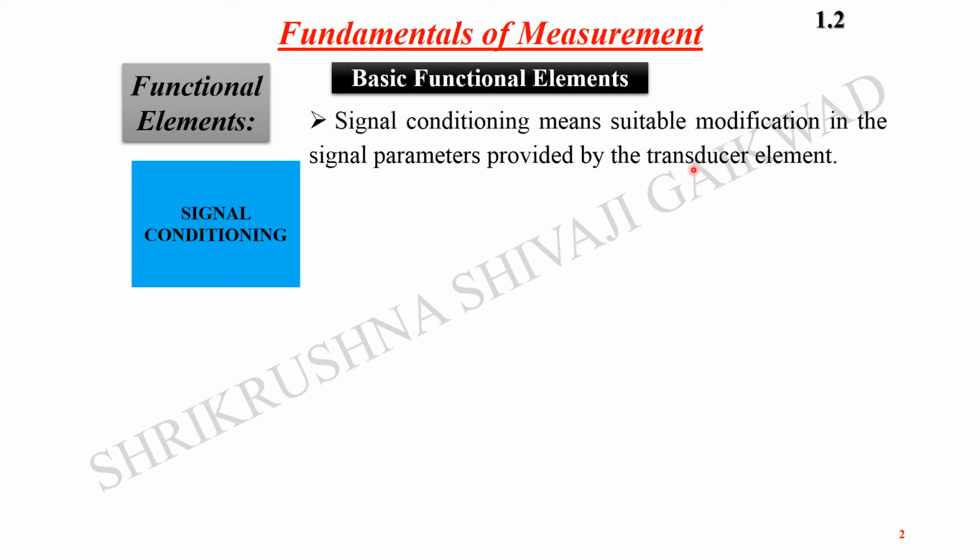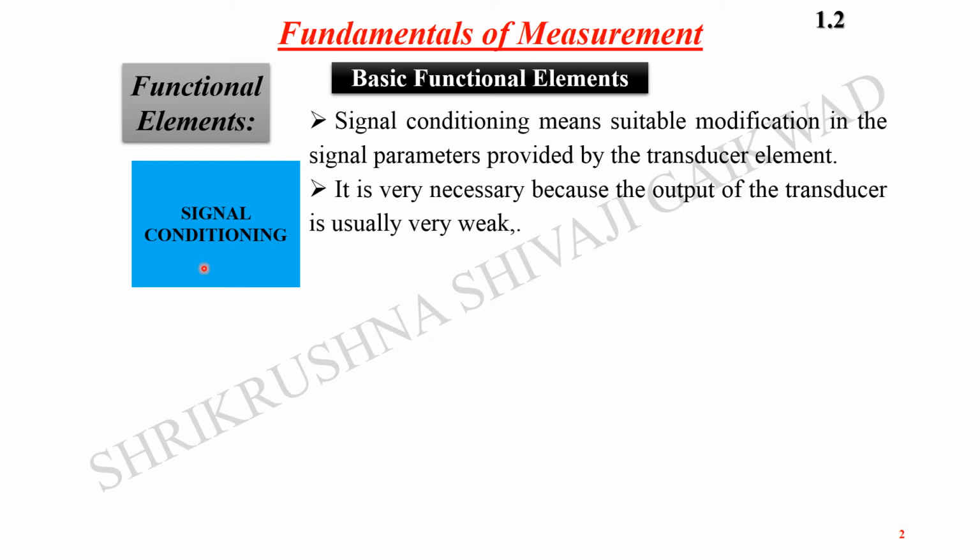The modifications depend upon the application where we are using such a transducer element. Signal conditioning is a very important aspect in this section. The modification is required so that it will be useful in the application. So it is very necessary.